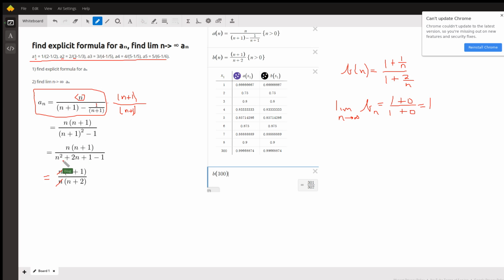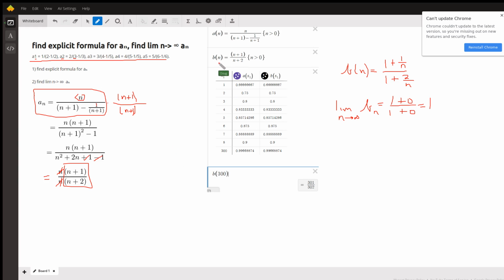And if you simplify that denominator by squaring that binomial and subtracting the 1, or combining the plus 1 and the minus 1, you get n times n plus 1 over n times n plus 2. These n's cancel out, and there's your explicit formula right there.